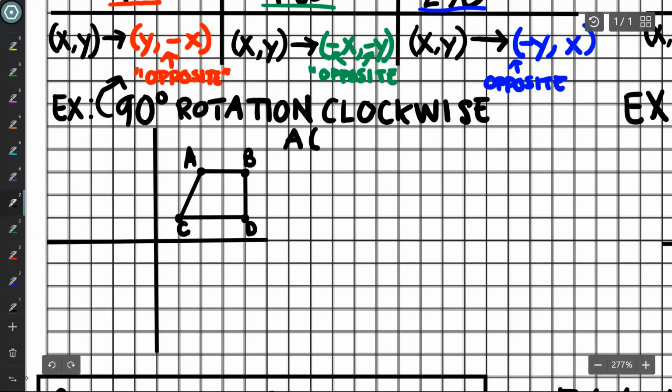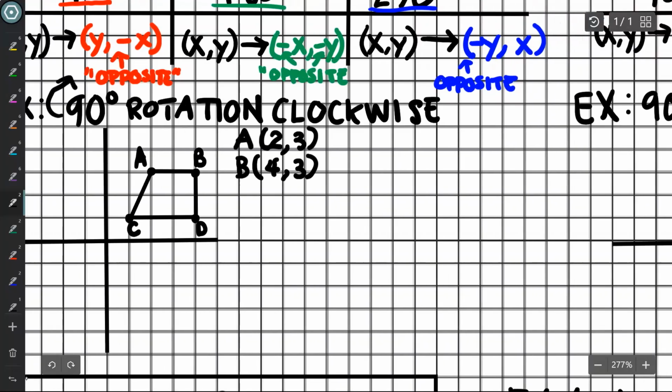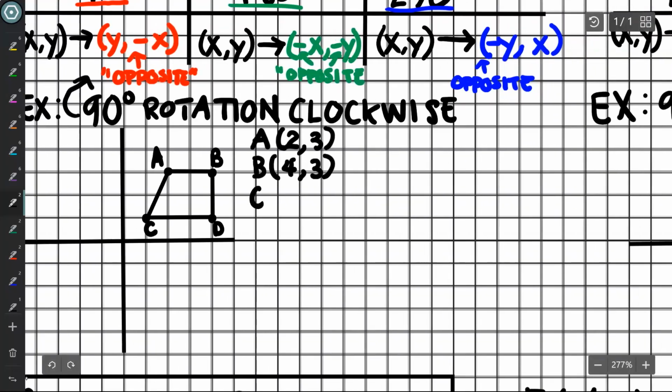So A is at 2, 3. B is at 4, 3. C is at 1, 1. And D is at 4, 1. Alright, so now I'm going to draw my arrows.